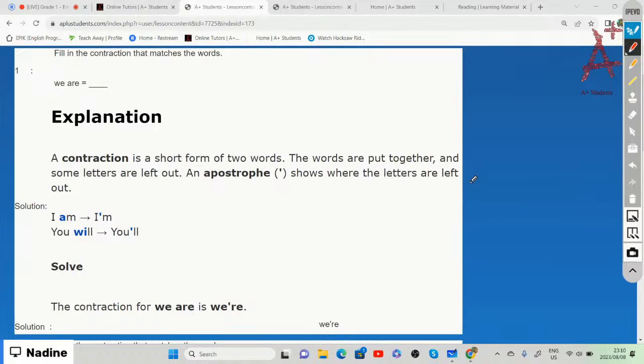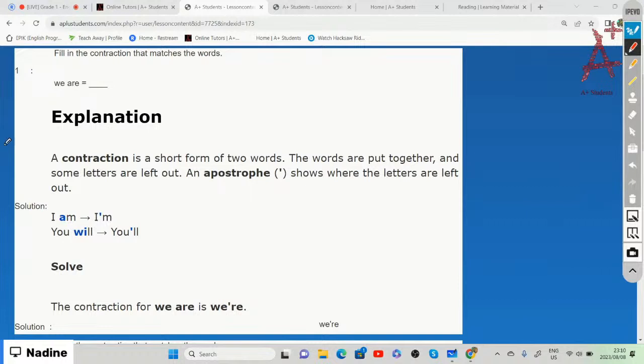So once again, a contraction is a short form of two words. The words are put together and some letters are left out, right? An apostrophe shows where the letters are left out.